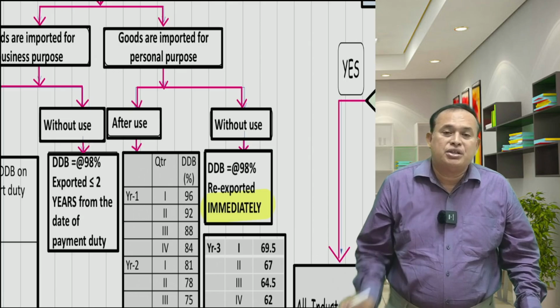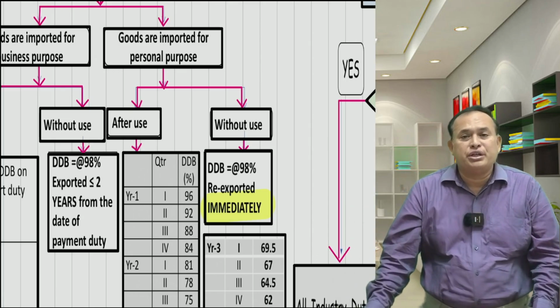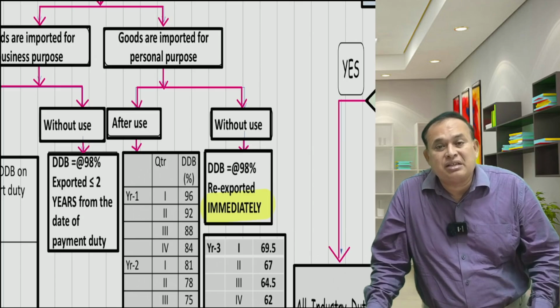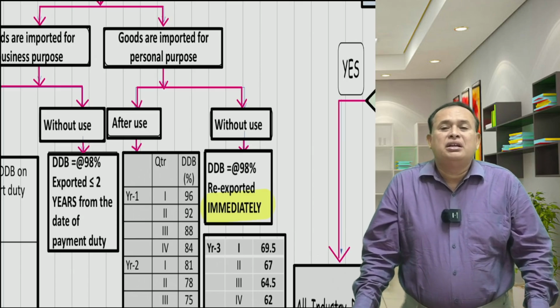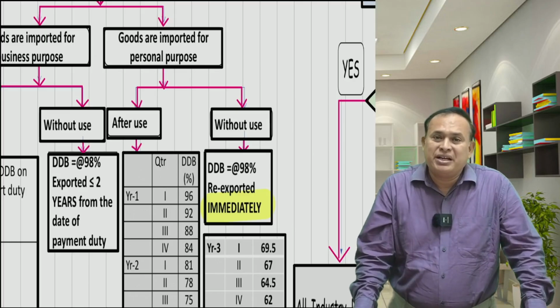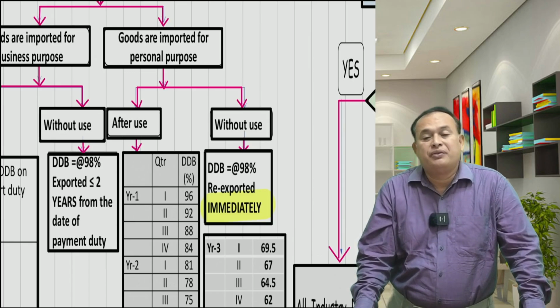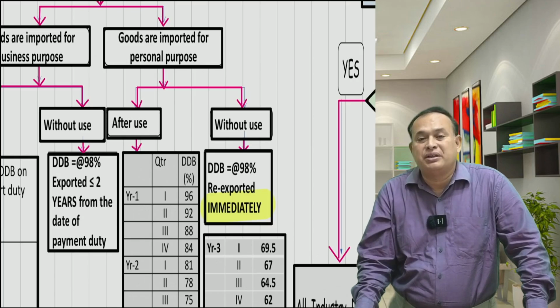In that case, on such imported goods, on account of re-export, I am eligible to claim 98% of the duty as my duty drawback, provided I should not have claimed refund under section 26A. I told you some time before, refund of duty. There I should not avail the refund.